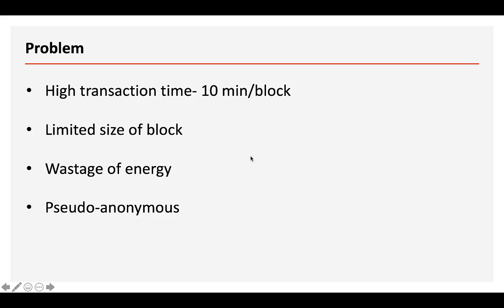Wastage of energy: we already talked about that the amount of energy that is used for running the Bitcoin blockchain system is the amount of energy that many smaller countries as a whole use. And then the other thing that the original author of the Bitcoin blockchain thought about, the anonymity.